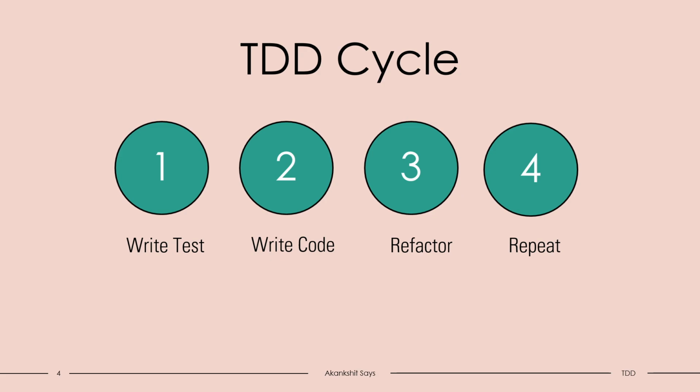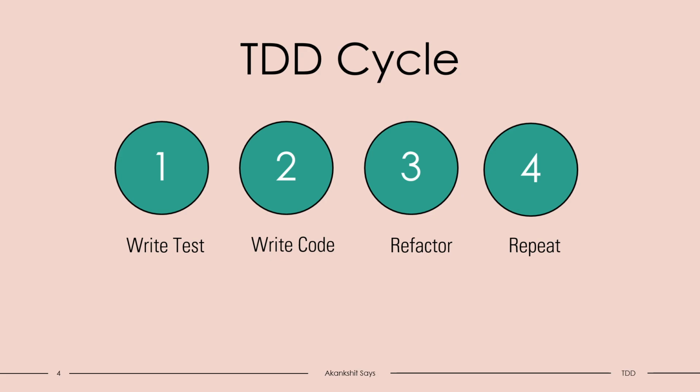Let's discuss the TDD cycle. Start by writing tests that define the function or improvements you want to implement. Initially, all the tests will fail because the feature does not exist yet.